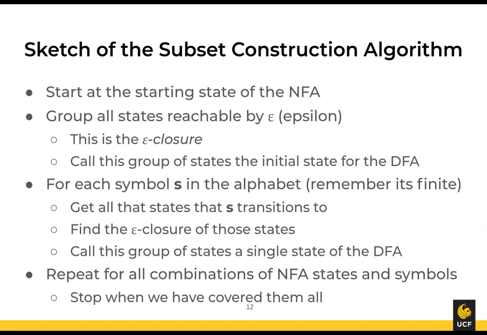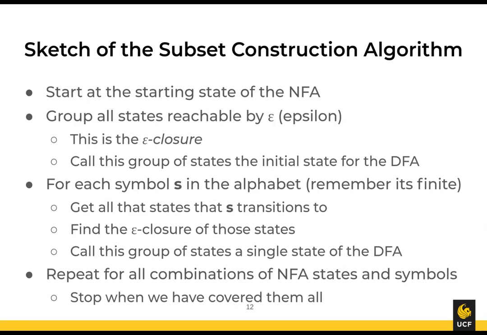So we take all the states that can be transitioned to from that. Once we do that, we take the epsilon closure of those states. That gives us one transition from one symbol. It gives us all the possible states we can reach from the initial state through a single character from the input. And we have to do the epsilon closure again because we can have all these epsilon transitions, so we need all the states that you can be in.